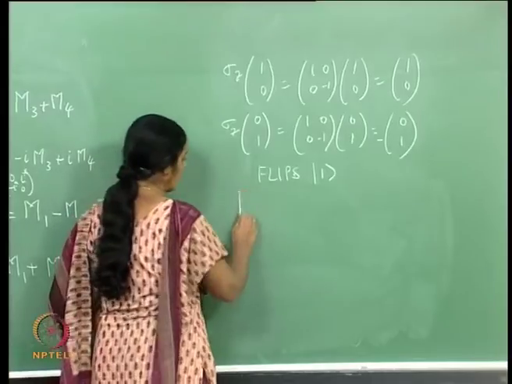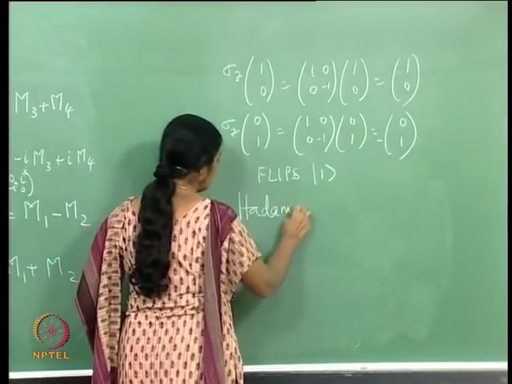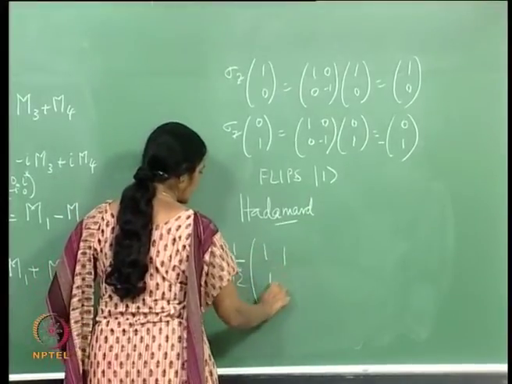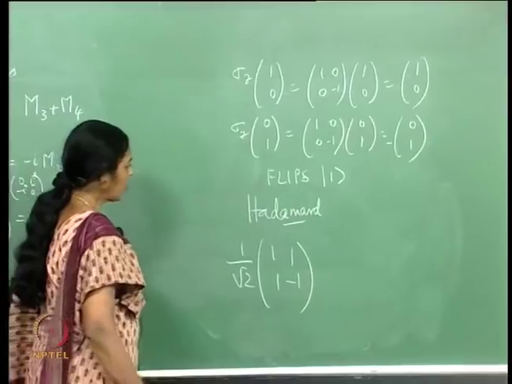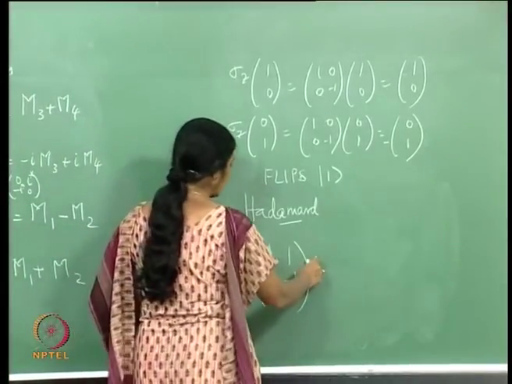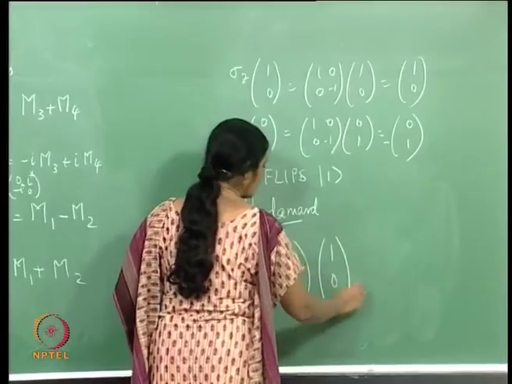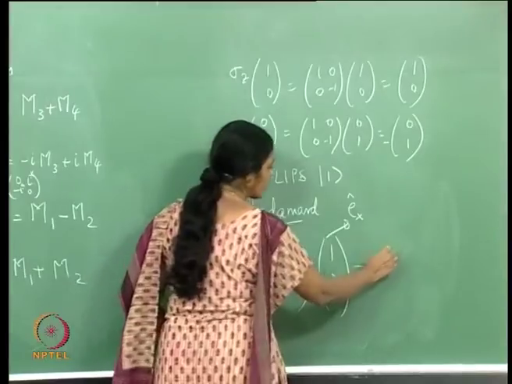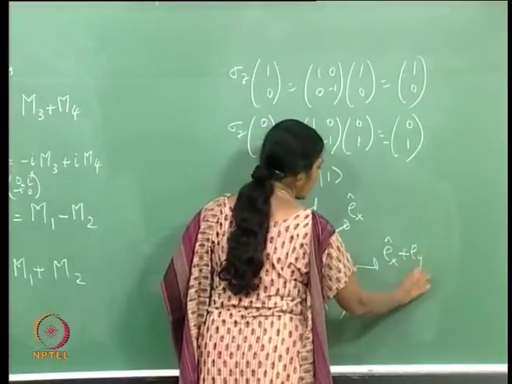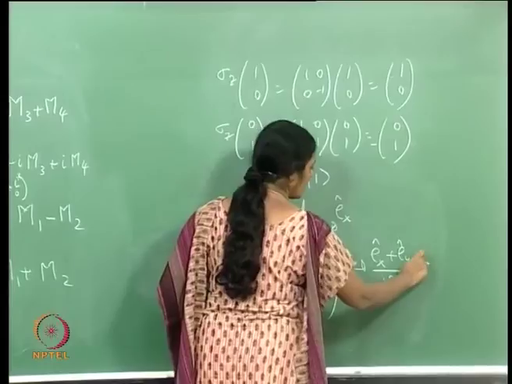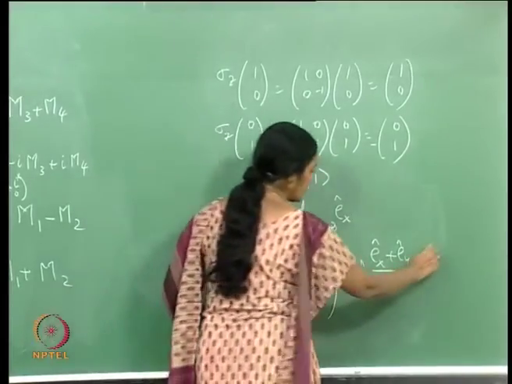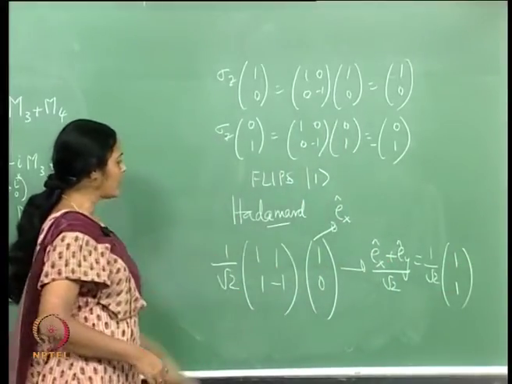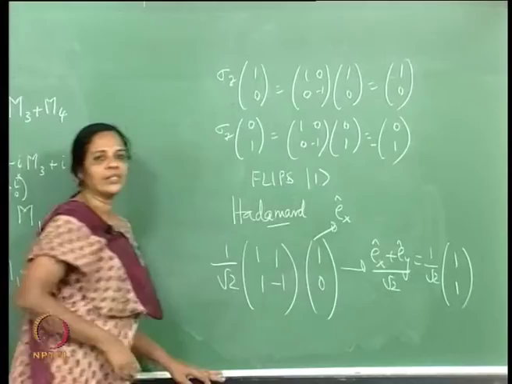The matrix itself is this, and what does it do? You can easily check that when it acts on (1, 0), this is e_x, it takes it to (e_x plus e_y) by root 2, because this action is just 1 by root 2 (1, 1). Similarly, when it acts on (0, 1), it takes it to (e_x minus e_y) by root 2.